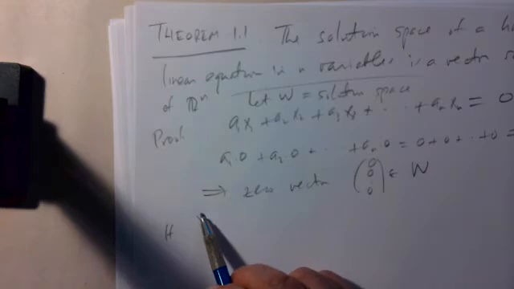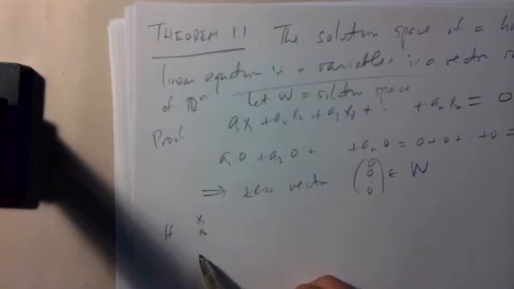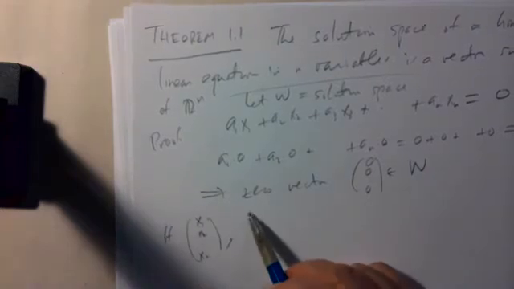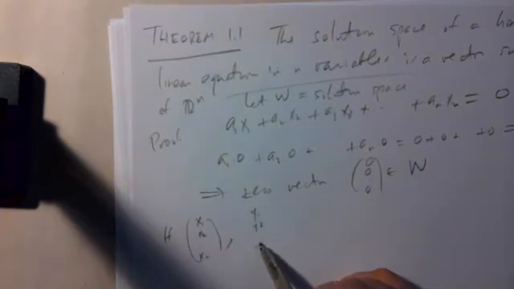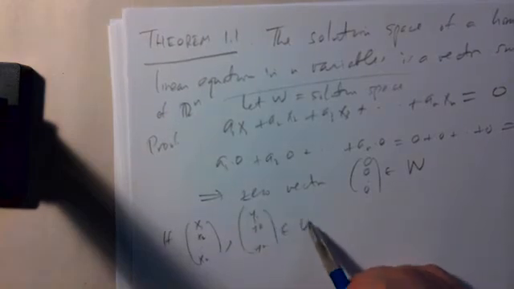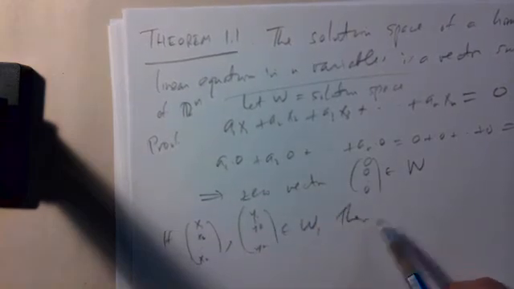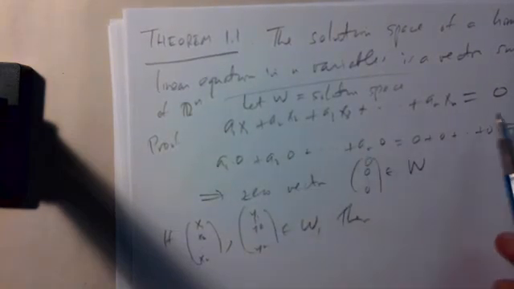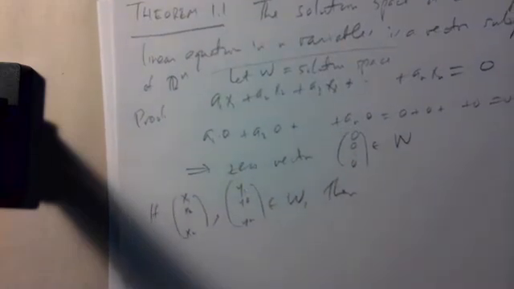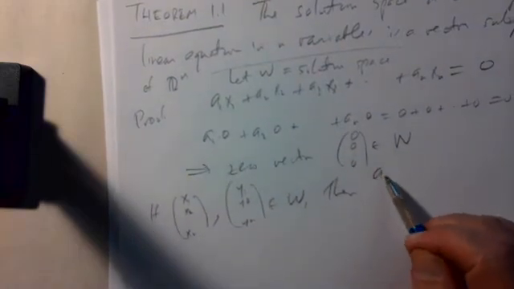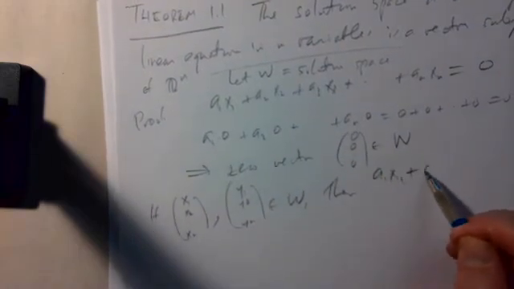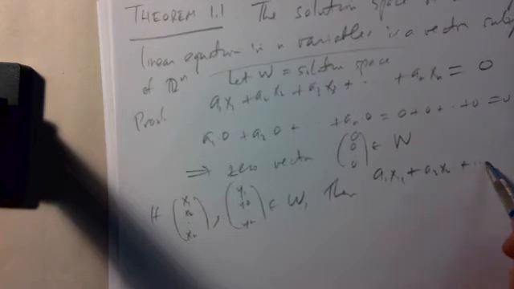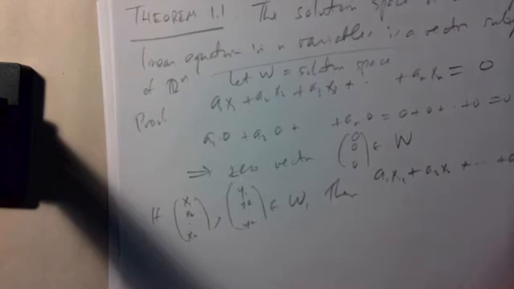If we have two vectors, x1 up to xn and y1 up to yn, in W, what does that mean? It means that each is a solution of this equation. So a1x1 plus a2x2 up to anxn is 0.